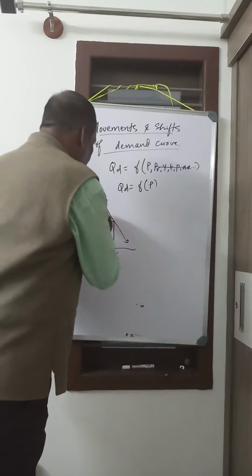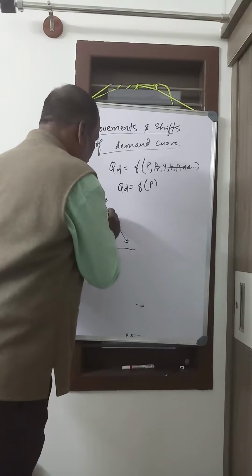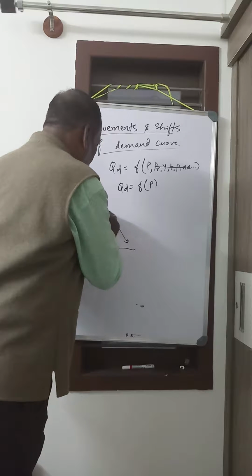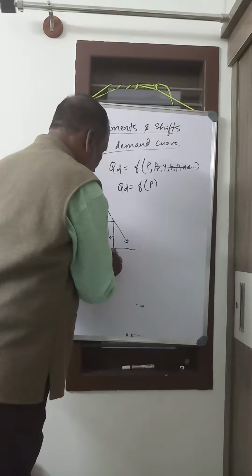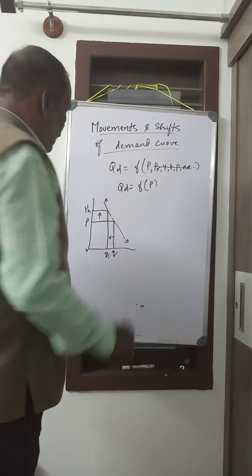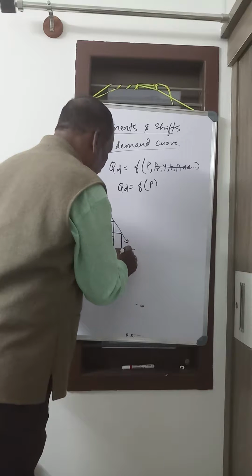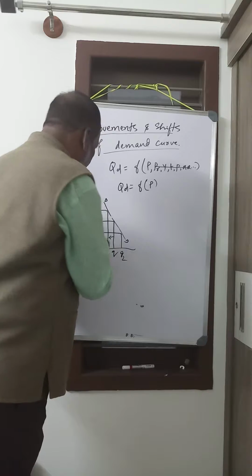If the price rises to PH, the demand decreases. So when price rises, demand decreases to Q1. If the price falls, the demand increases to Q2, that is at PL.